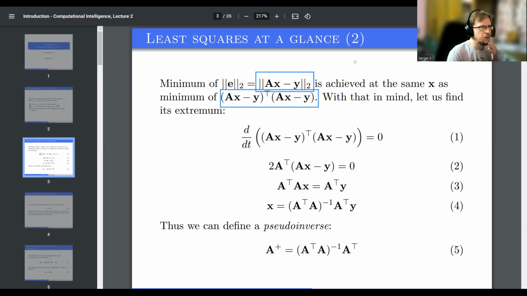All right, good. With that in mind, let us find the extremum of this function. How do we find extremum? What is extremum? Extremum is found where the derivative of the function with respect to the variable that you want to optimize is set to 0. You remember maybe from your calculus course that for a function that looks like this, right?